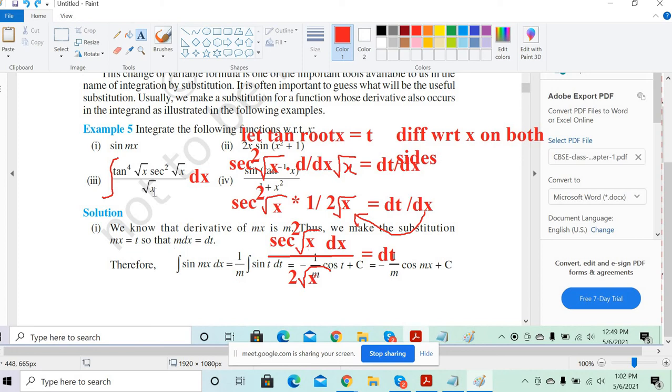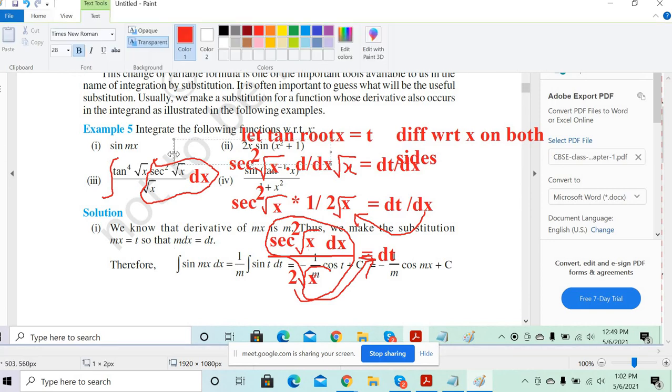Right. Now we replace the entire expression: secant square root x by root x dx we got already, and it can be replaced with 2 dt, correct.